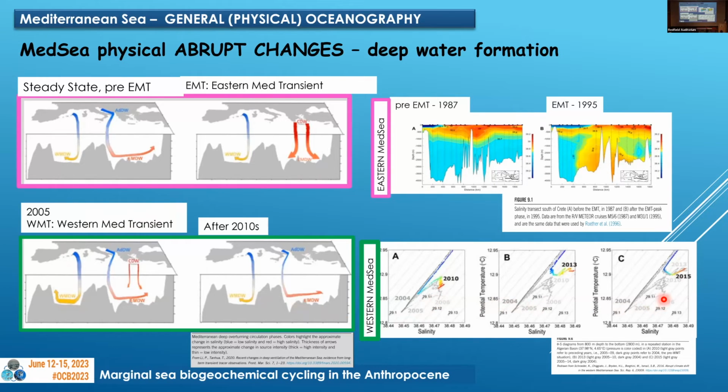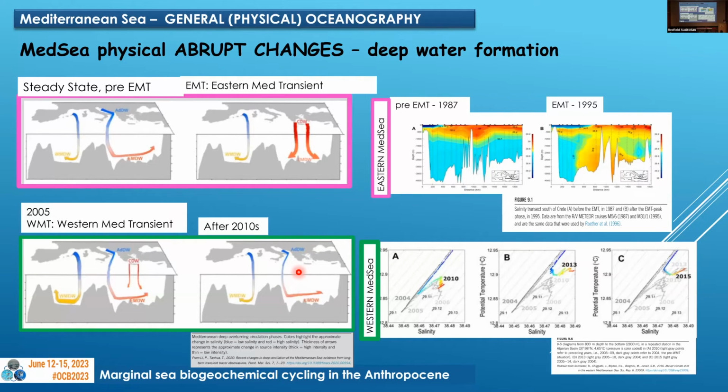And you can see here how the deep water got warmer and saltier, and this water elevated completely the water column in this area. After the 2010s, again the Adriatic Sea took over the formation of deep waters in the Eastern Mediterranean, and right now this is the current state.